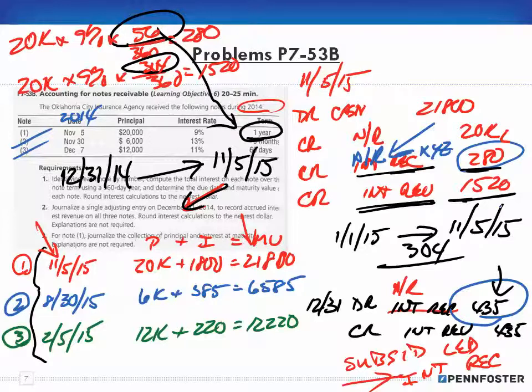But if you only have 2 or 3, or 5 or 6, whatever, you might not want to create the interest receivable account and keep a separate interest receivable subsidiary ledger. Instead, you would just use the accounts receivable account and have the interest receivable as part of the subsidiary ledger of the accounts receivable.